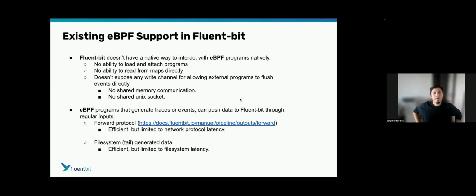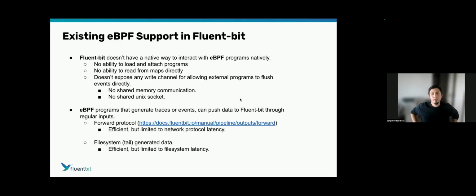So, okay, existing eBPF support in Fluent Bit. First of all, Fluent Bit doesn't have a native way for eBPF programs to interact with it, right? So let's say you have an eBPF program that is running, collecting some specific data. Unless you have an intermediate piece of software that does the translation and sends it in some output format to Fluent Bit, there is no way to do it natively, right?